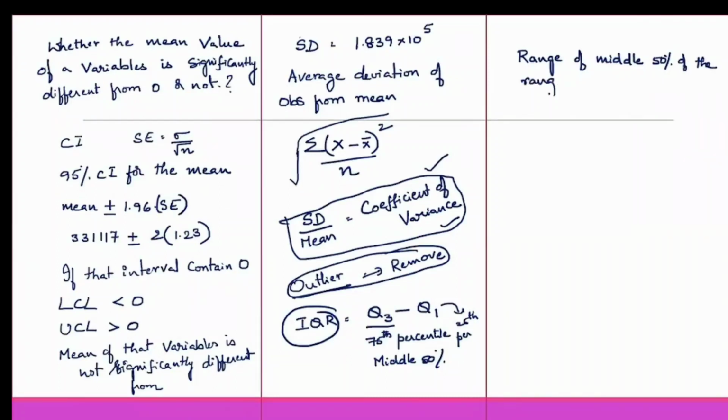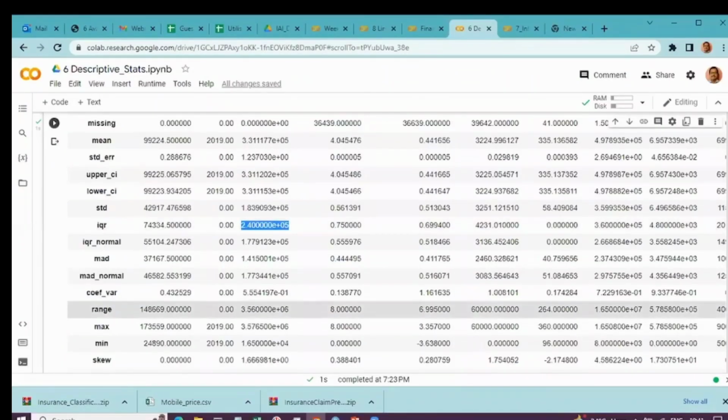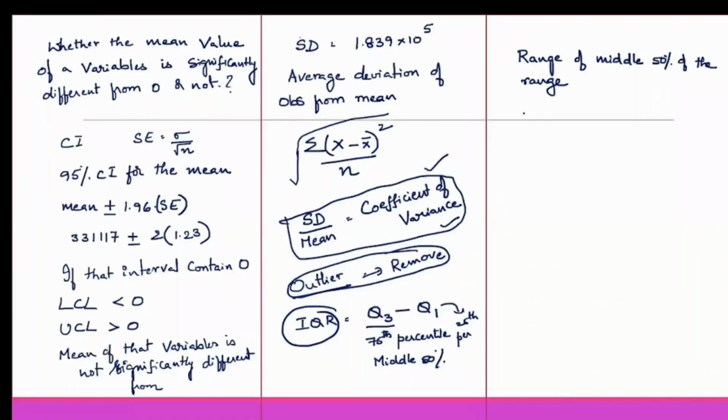And similarly, I have another value called range here. The range is maximum minus minimum.